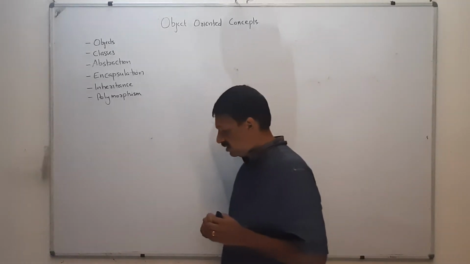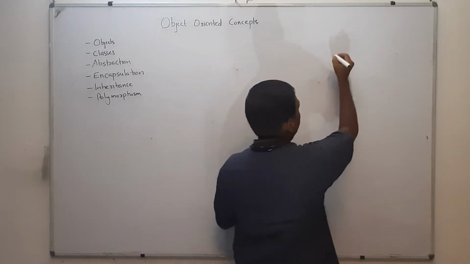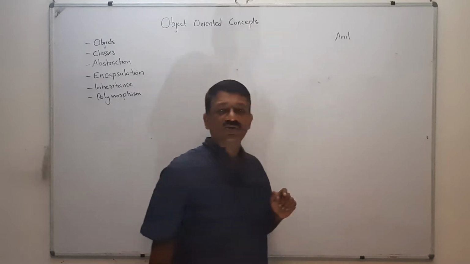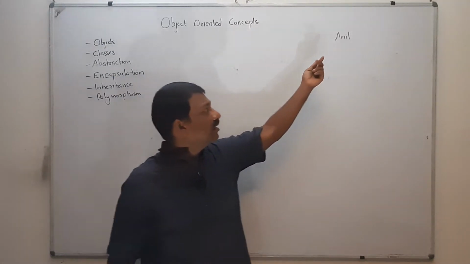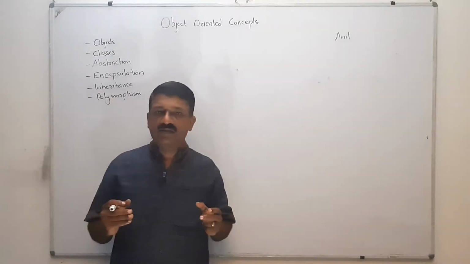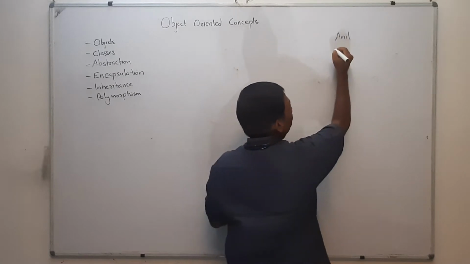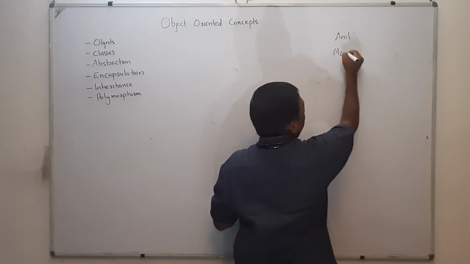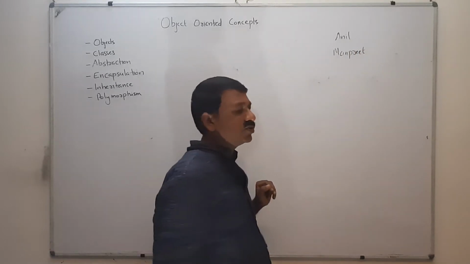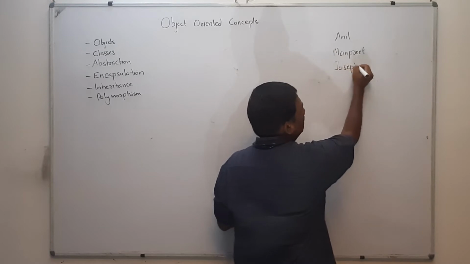For example, suppose that you have a student called Anil, and suppose that student belongs to a class. Anil is a student, then Manpreet is another student, then Joseph is another student.